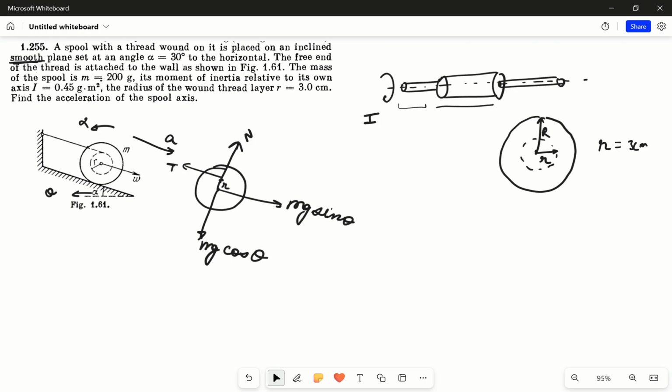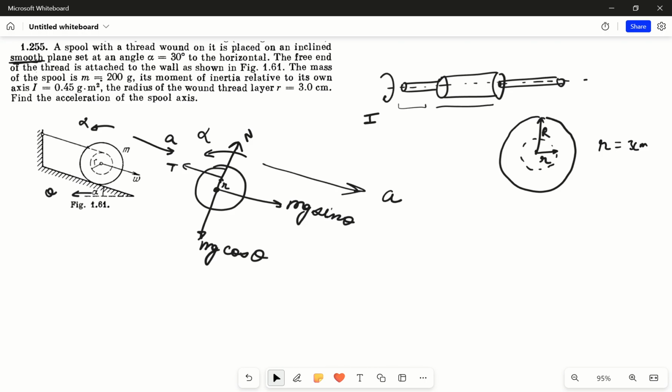As you can see, there is a torque about the center of the axis of the spool, right? There's a torque that is being exerted by the tension force of the string. So this spool would be having an angular acceleration in this direction, right? Let's say it is alpha, and it would be having a linear acceleration in the direction downwards along the inclined plane, right?